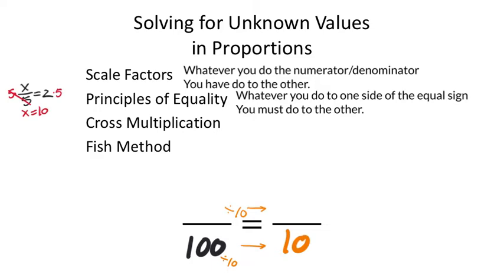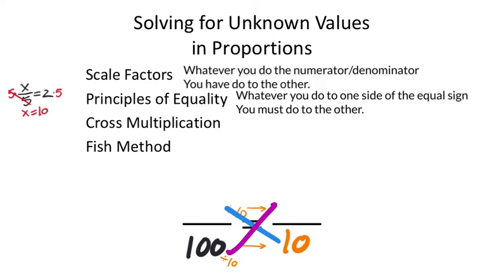That's okay. We'll get into cross multiplication and the fish method. They're kind of algorithms, processes that we have to memorize, and if you can memorize them, that's good. The fish method, by the way, to me, is a more simplified form of cross multiplication, which you may have heard of. Cross multiplication is just where you're cross multiplying those two values and then these two, and then setting those products from the multiplication equal to each other.